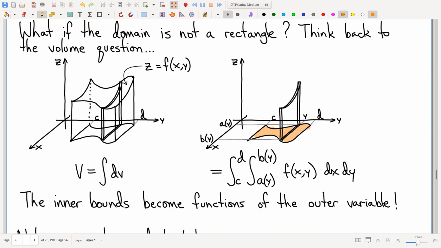In particular, I just need to know how these edges curve around, because those edges, this purple edge right here, that's the curve that when you give me a y, I'll look at the corresponding point on that curve, see what the corresponding x coordinate is, that'll be my lower bound. I only need to see that curve.